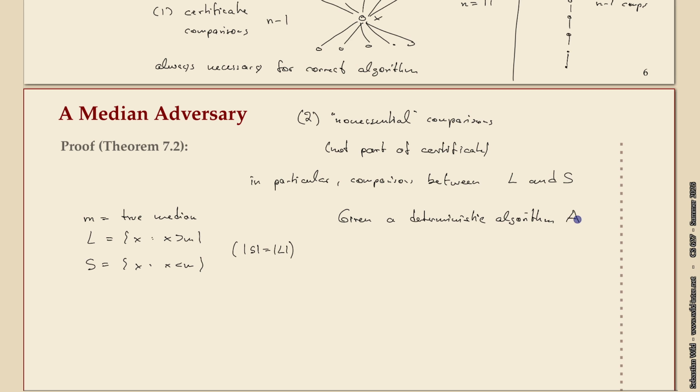We're given some fixed deterministic algorithm that will do its thing, but it can only access the elements via pairwise comparisons. So at some point, the algorithm has to pick two elements and ask which one of those is larger. And at this point, we jump up as the adversary and construct the input comparison by comparison, trying to fool the algorithm to do as much work as we can make it do.